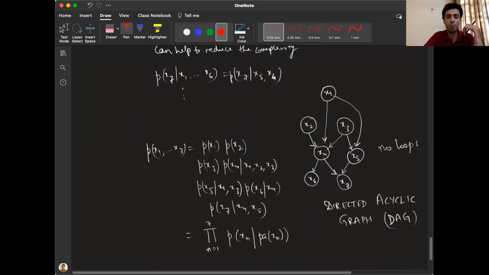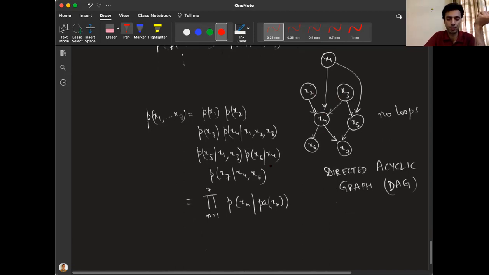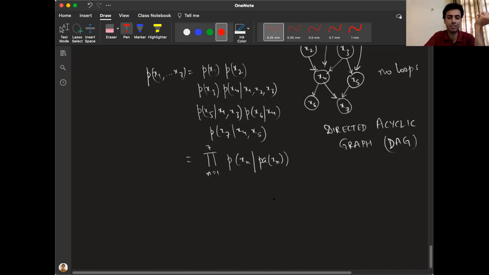So basically my probability of x4 given these parents x2, x1, x3 is independent of all other random variables, right? So it's conditional independence. This is what we discussed last week.